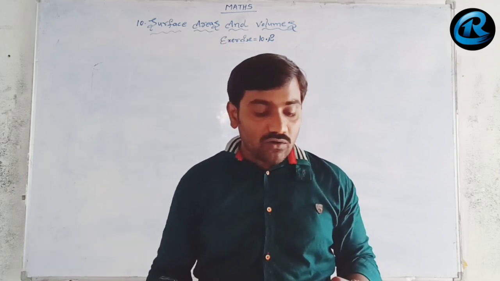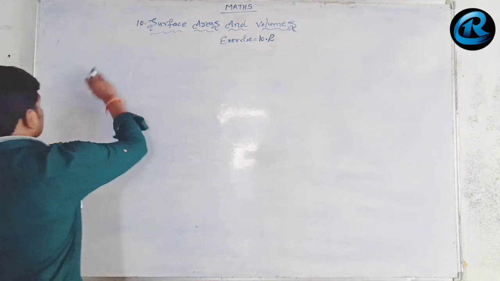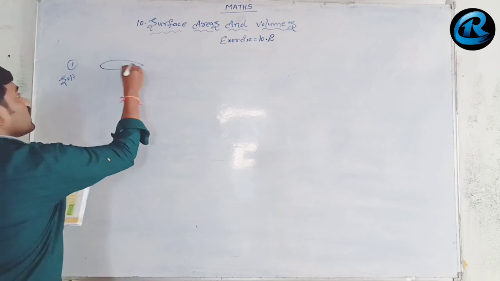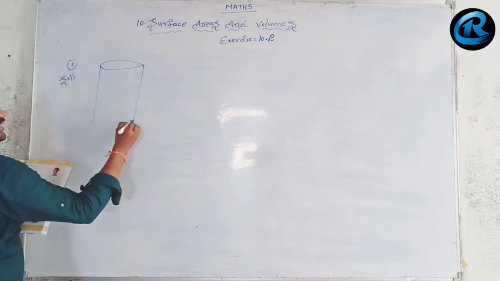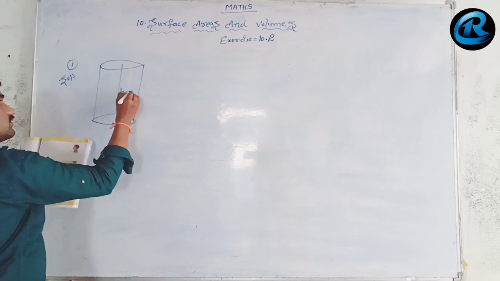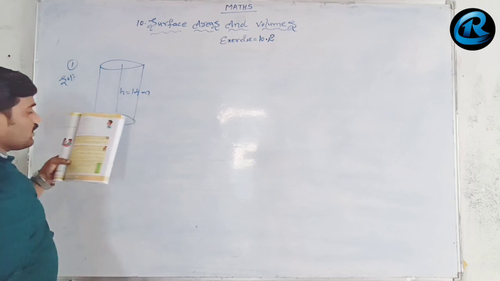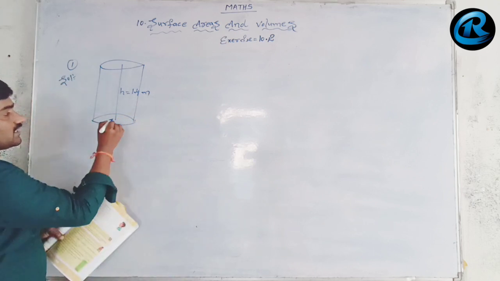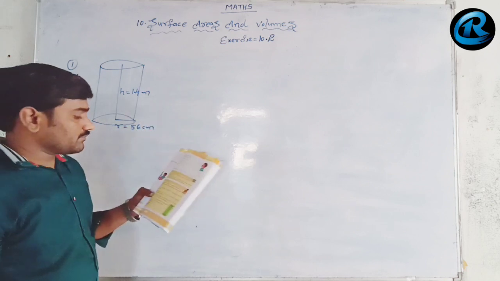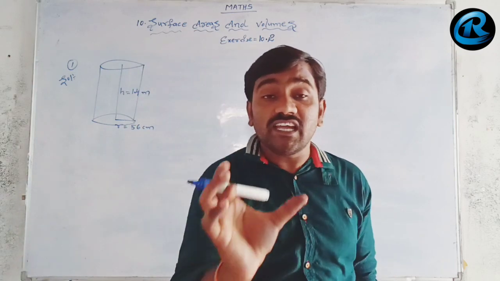A closed cylinder tank of height 1.4 meters, h equal to 1.4 meters, and the radius of the base is 56 centimeters, r equal to 56 centimeters. It is made up with a thick metal sheet. So this cylinder is made up with a thick metal sheet.